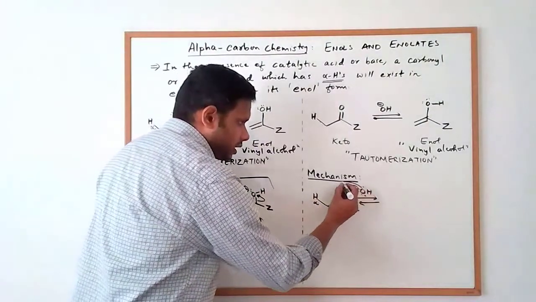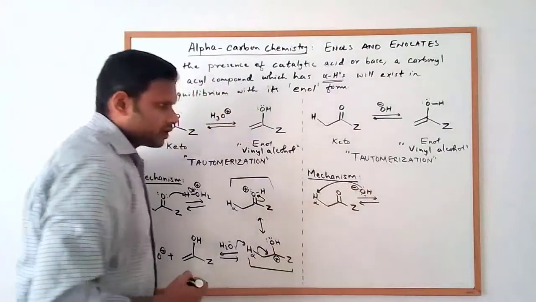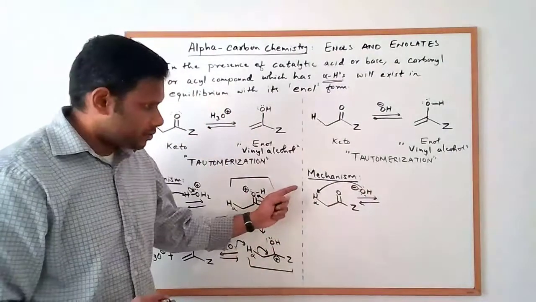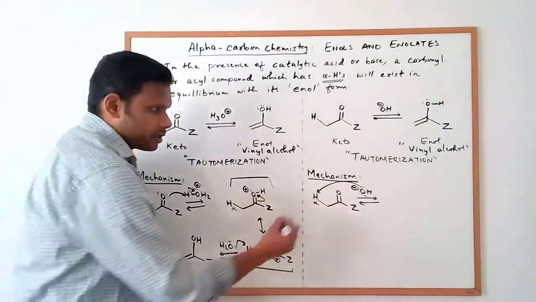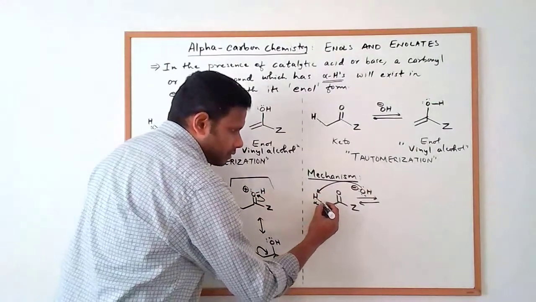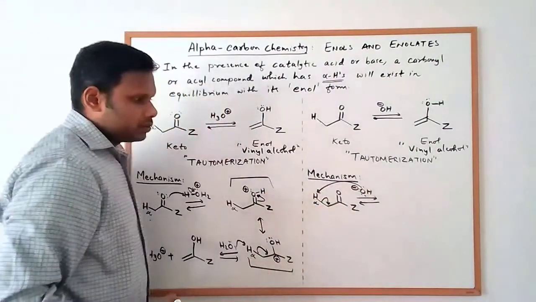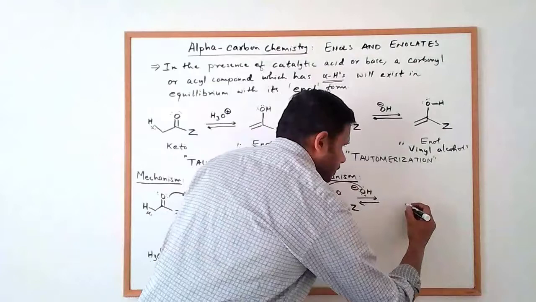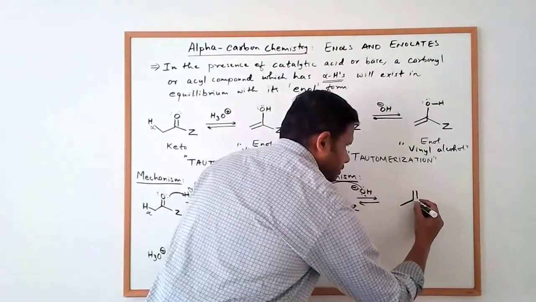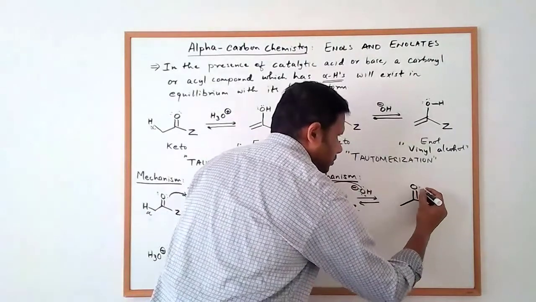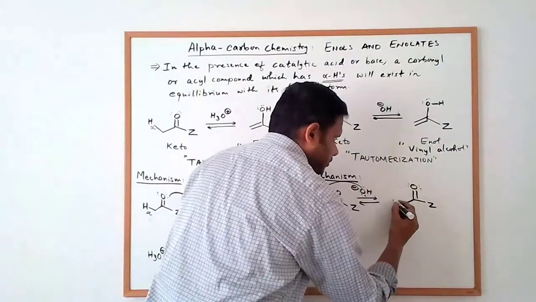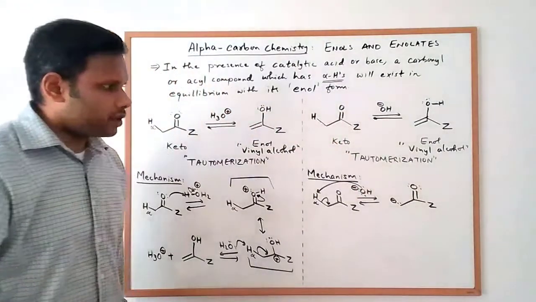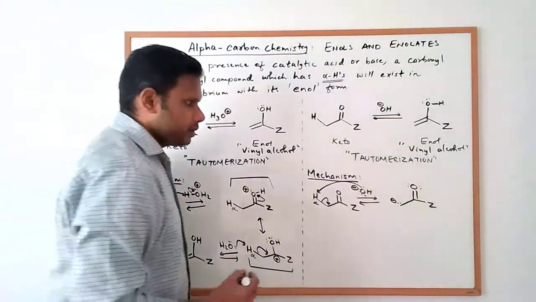So a base can come and deprotonate the alpha hydrogen. That's where the mechanism would start, because we are under basic conditions. Simultaneously, the electrons here go to the alpha carbon. So this would bring us to the next intermediate, where we have a negative charge on that alpha carbon.